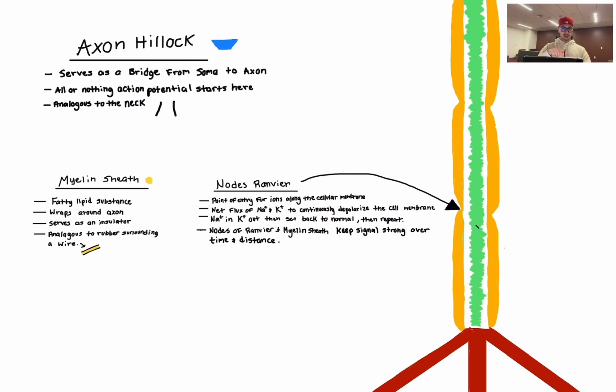And in order for you to keep that action potential going without losing its strength, because as we know, energy will disperse over time and distance, and it won't be as strong anymore once it's passed through a certain distance. You don't want to move your leg, and then you're not able to move your leg because the action potential that ran from your brain all the way down to your, not from your brain, actually it occurs from your spine initially.